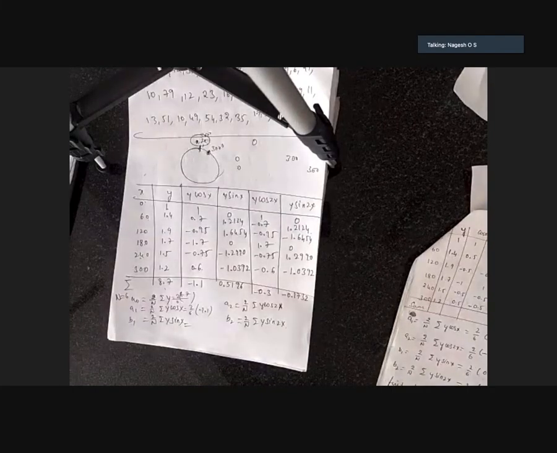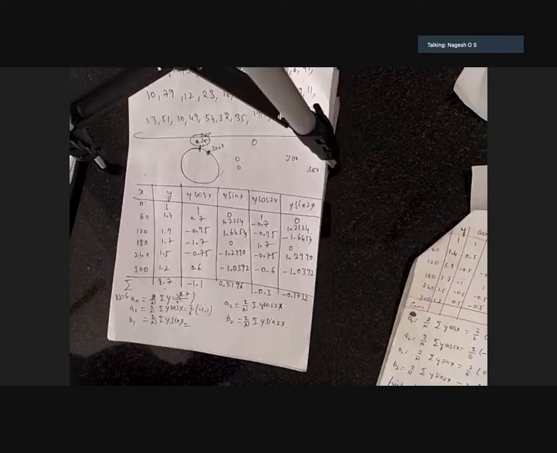So somebody was asking, we need to explain this again from the starting. Whether you understood?